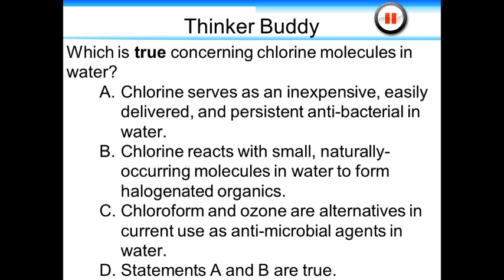Which is true concerning chlorine molecules in water? A. Chlorine serves as an inexpensive, easily delivered, and persistent antibacterial in water. B. Chlorine reacts with the small, naturally occurring molecules in water to form halogenated organics. C. Chloroform and ozone are alternatives in current use as antimicrobial agents in water. Or D. Statements A and B are both true.